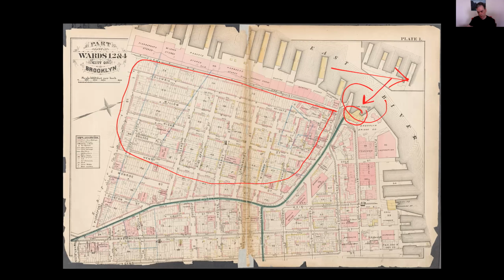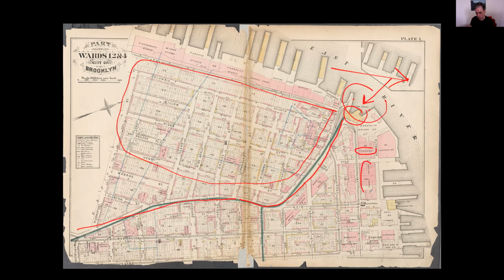That's right where John Roebling was killed, right? He was standing about here or maybe over here somewhere, and that's when the ferry crushed his foot, which ended up killing him. So that's the Fulton Ferry, and then here's Fulton Street going here. And you can see how developed this area is. I mean, there's factories, there's oil refineries, there's a tobacco storehouse here, which is still there today.